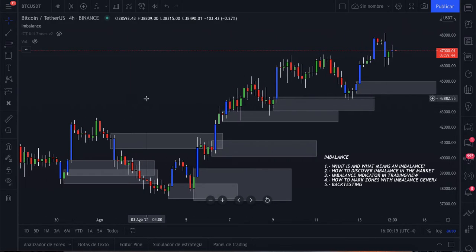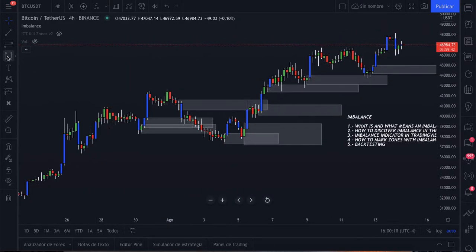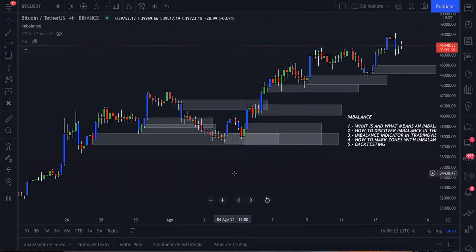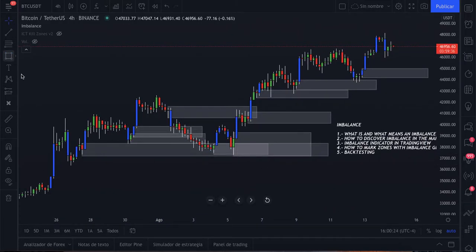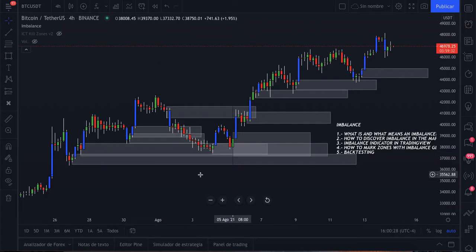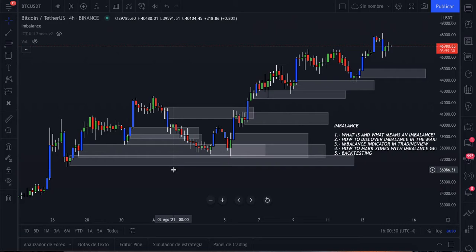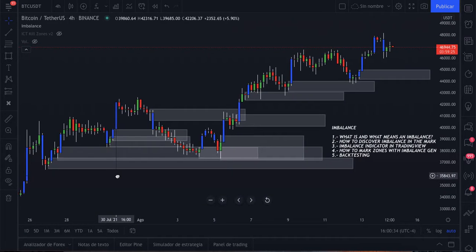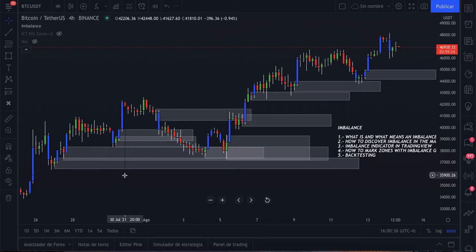One of the things I like to do is to recognize which imbalances are working and which is the trend. Just analyzing this, you can completely say that we are in an uptrend, right?